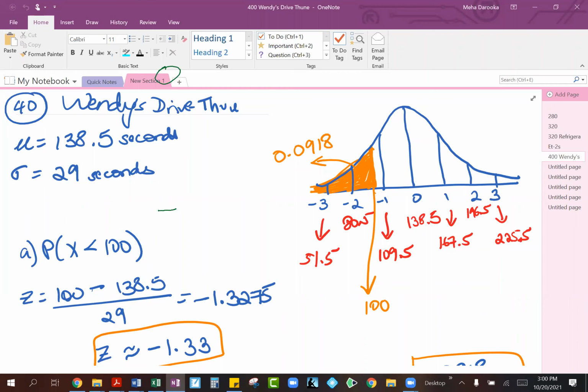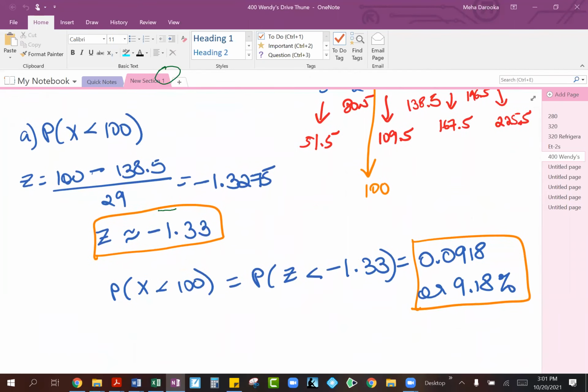When they asked what is the probability that people will be waiting less than 100 seconds, you can see that 100 fell between 1 and 2 standard deviations below the mean, so we highlighted that area on our bell curve.